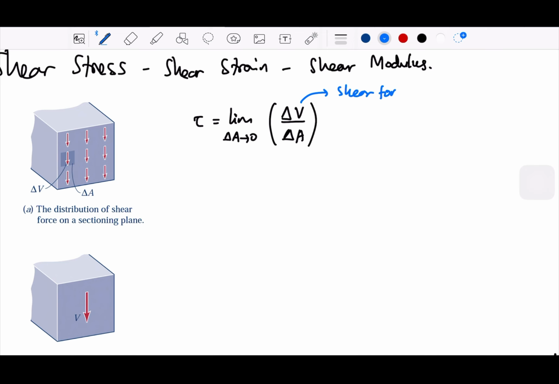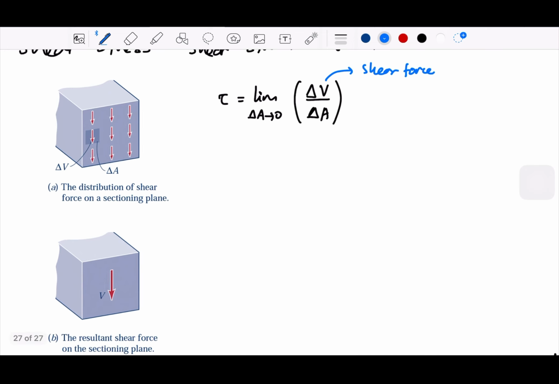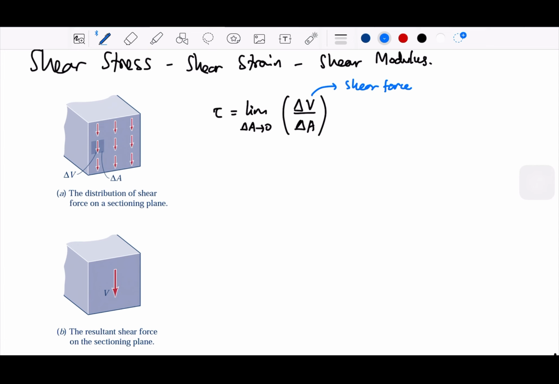Basically, it's the same or similar to the original normal stress, but the difference is the direction. The normal is normal to this plane. But here, they are along the same axis as the plane. We call it the shear force.